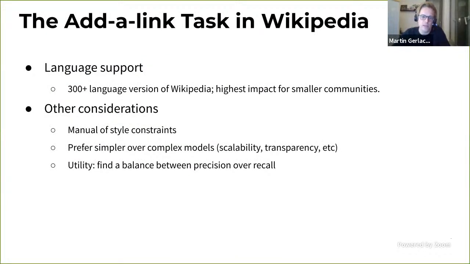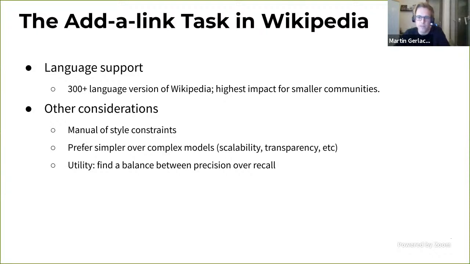However, in the context of Wikipedia, we are faced with a unique set of challenges. First and foremost is language support. There are more than 300 different language versions, and we would ideally like to support all of them, especially because the biggest impact potentially comes for the smaller communities.